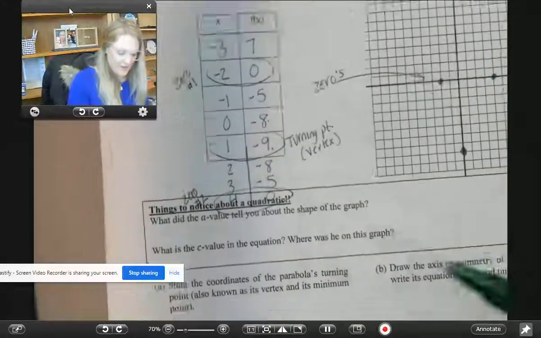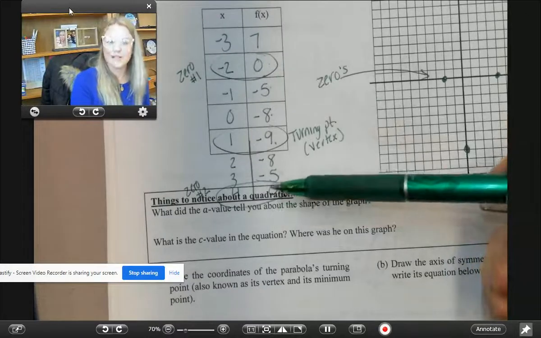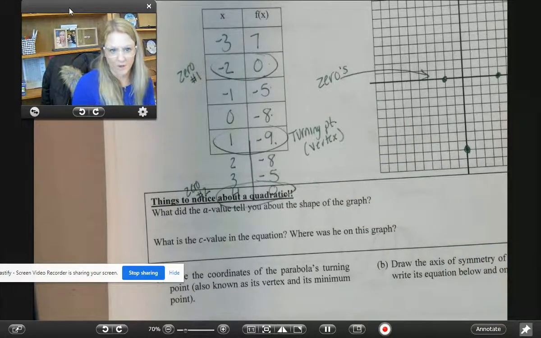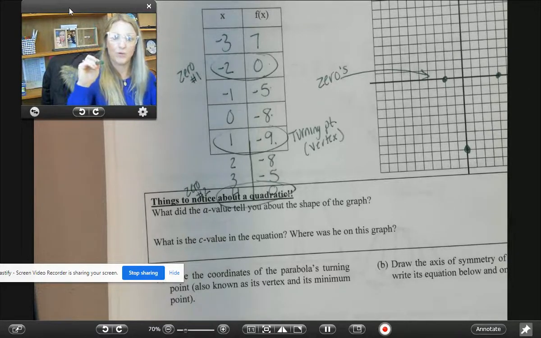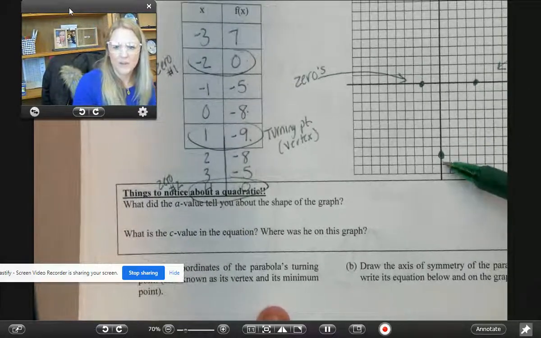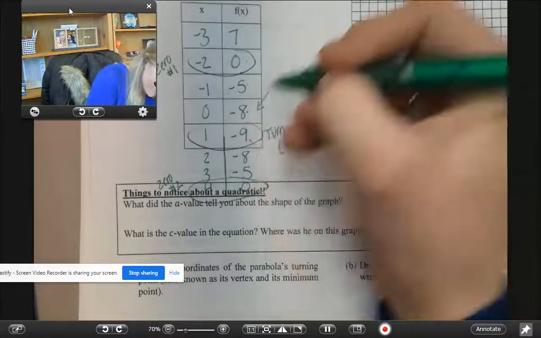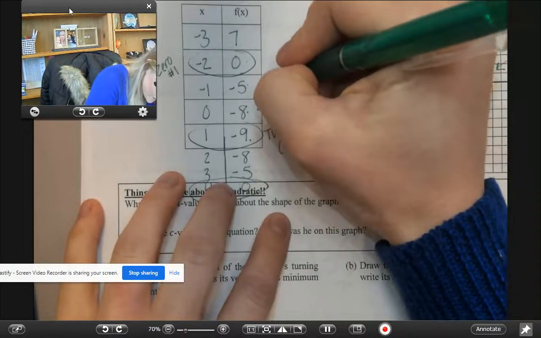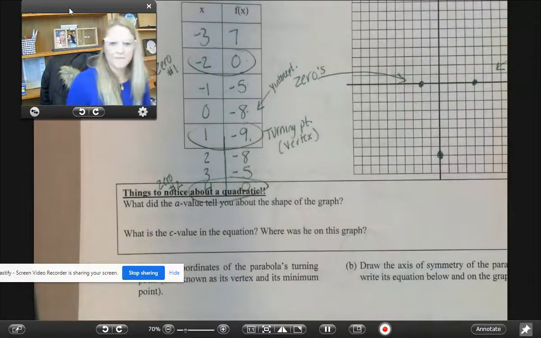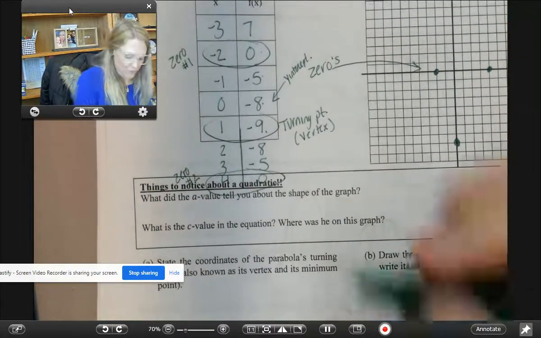So on Delta, they're going to make you graph those 3 points, and then it's up to you what other 2 points you want to graph. Anything you want on Delta, you just plot those points and it'll draw the parabola for you. Okay, so we've got the y-intercept as well, which is important, right? Here's your y-intercept. Okay, so there's some labeling some points here.